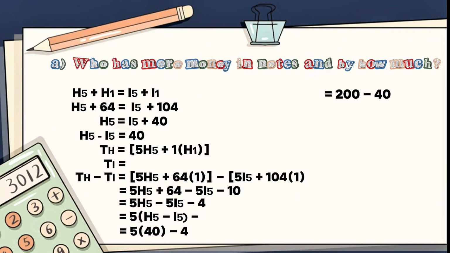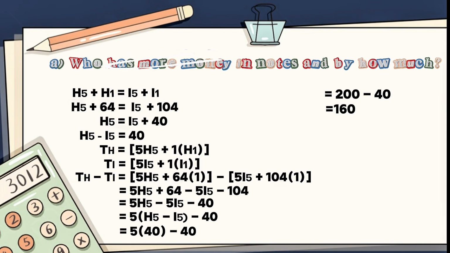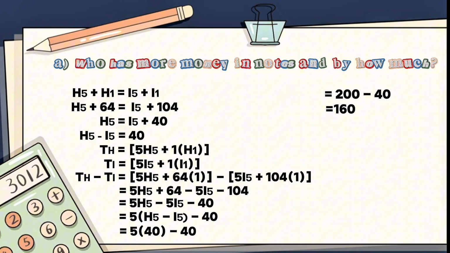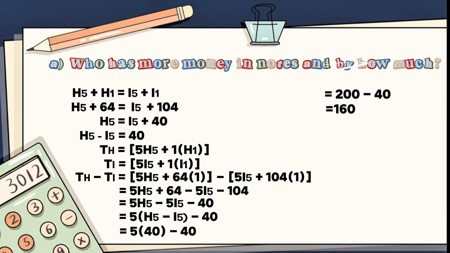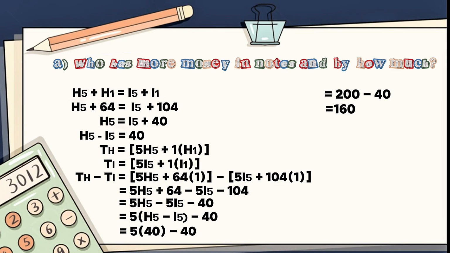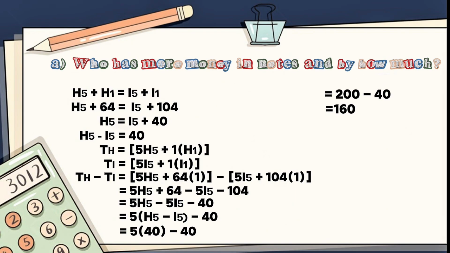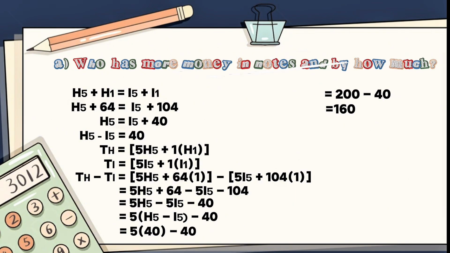Now, let's start with our first step to solve this question. We know that Halim and Ina have the same number of antique ringgit notes. Therefore, H5 plus H1 equals I5 plus I1. From the information given, Halim has 64 RM1 notes and Ina has 104 RM1 notes.